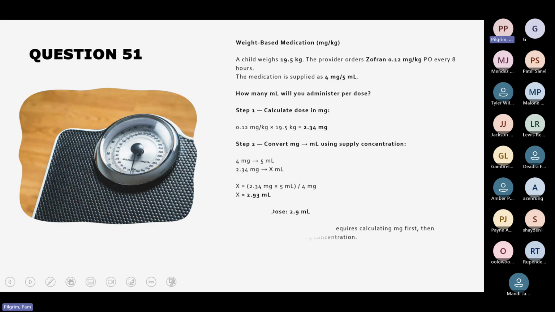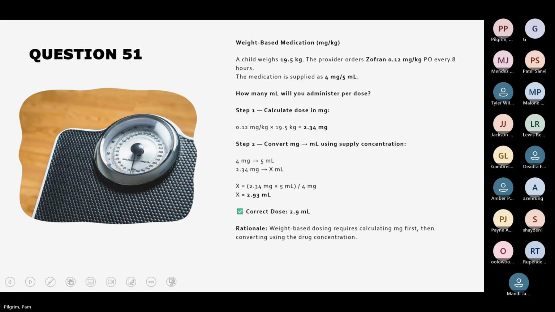And then you do round that to the nearest tenth, so the people that answered 2.9 milliliters was correct. Just remember to put your mLs after it when you're putting it on the test.